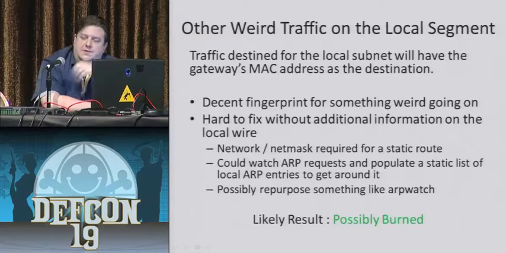And it probably wouldn't be too hard to repurpose something like ARP Watch to do that automatically for us. But you know, if you're capable of seeing that something weird like that is going on in the network, then hey, more power to you.